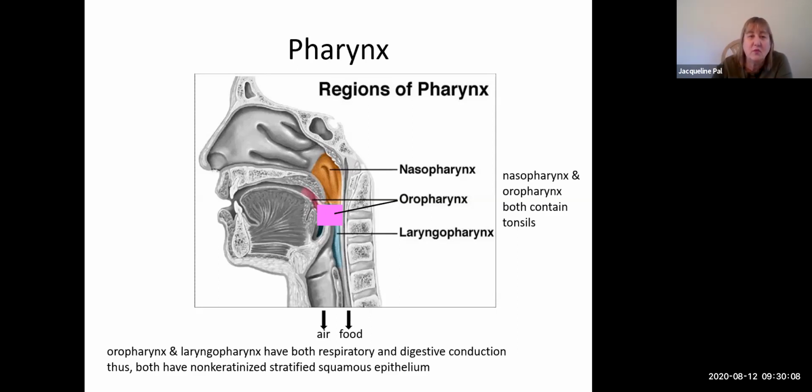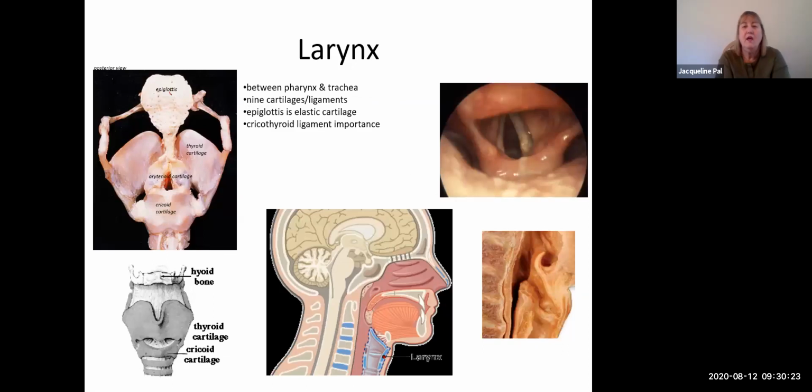But I want you to realize that the air has to travel from being posterior to go anterior in order to go down the larynx, whereas the food has to make sure it goes down the posterior opening into the esophagus. So let's look closer at the larynx, which is between your windpipe, your trachea, and your pharynx.